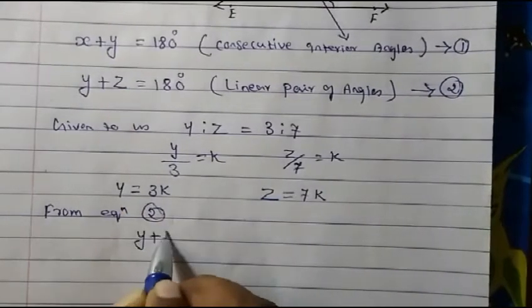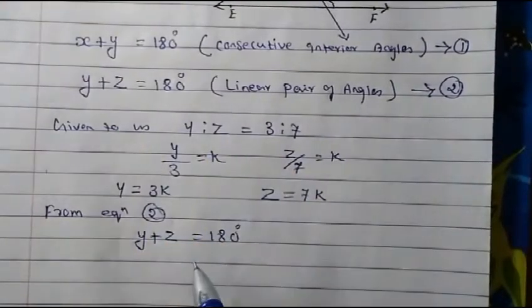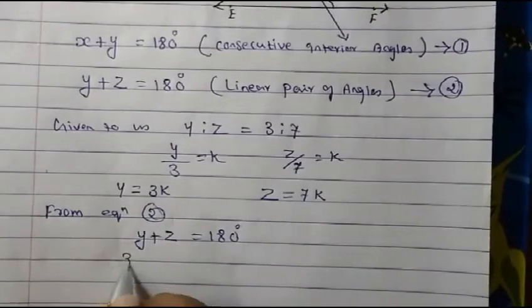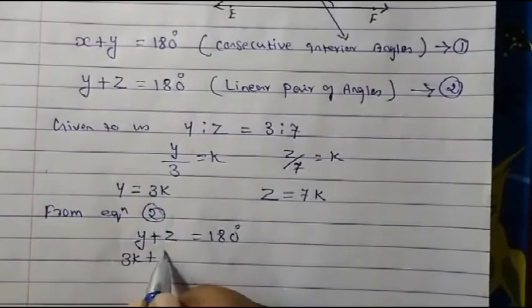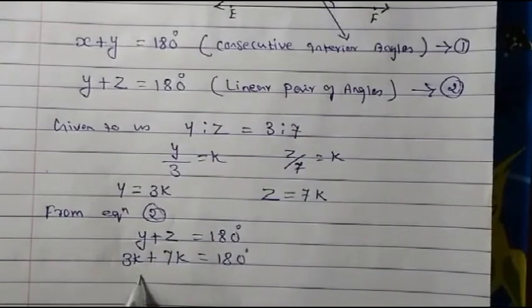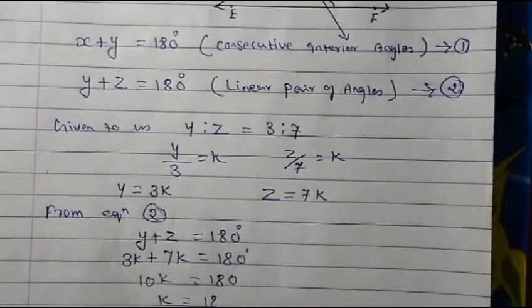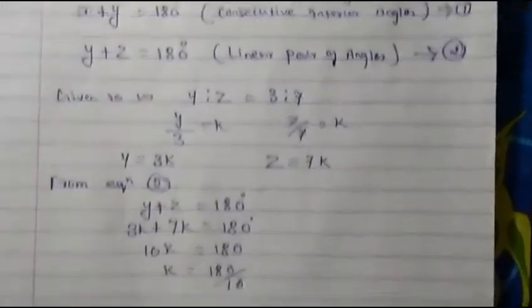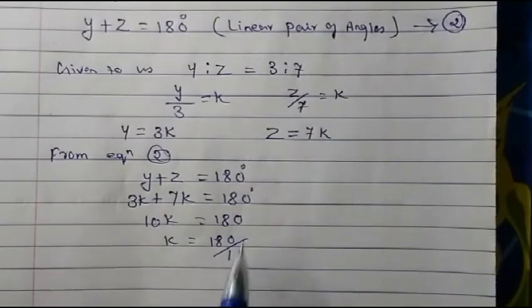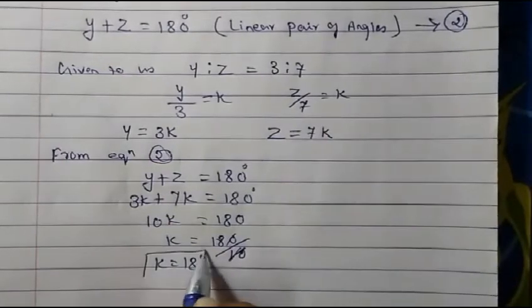Y plus z is equal to 180 degrees. The y value is 3k and the z value is 7k, equal to 180, so total 10k equals 180. Then what will be the k value? 180 upon 10, because this is in multiplication, when it comes across it goes to division. When you cancel, you get the k value as 18 degrees.